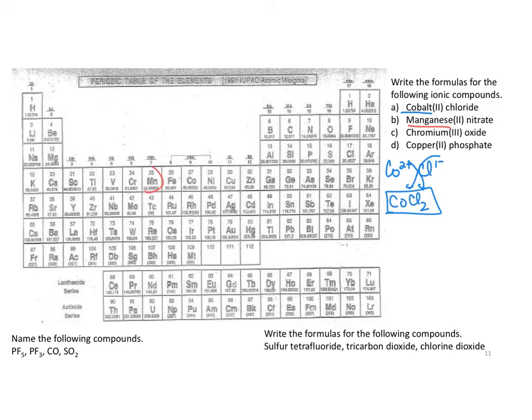Manganese, so that's here, Mn, that's the charge, 2 plus. Nitrate is NO3, 1 minus. And so when we cross over, that's Mn. Now we're going to need 2 of these polyatomics, so I need parentheses, (NO3)2. So it's manganese nitrate.